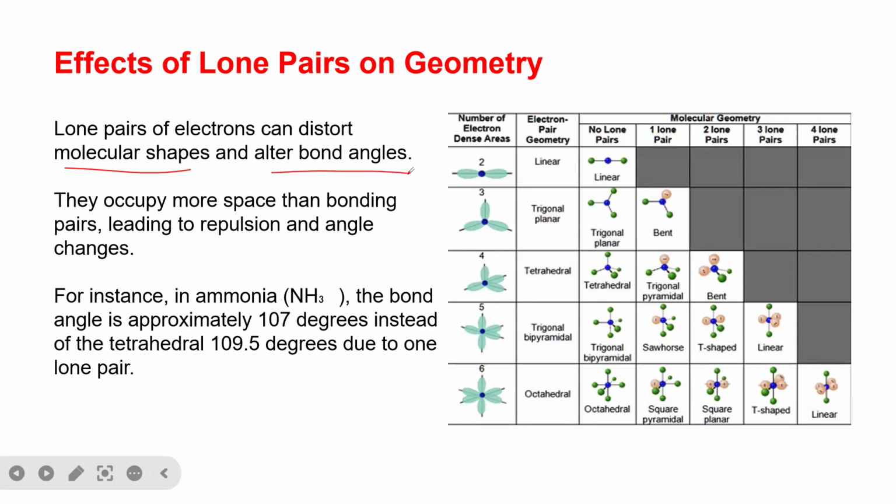For instance, in ammonia, NH3, the bond angle is approximately 107 degrees instead of the tetrahedral 109.5 degrees, and this is due to the lone pair of electrons. I also explained this image, as the number of lone pairs keeps changing.